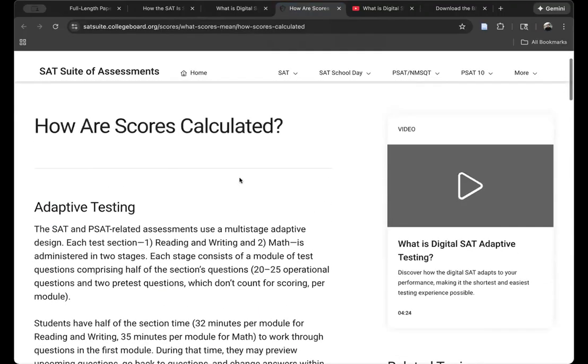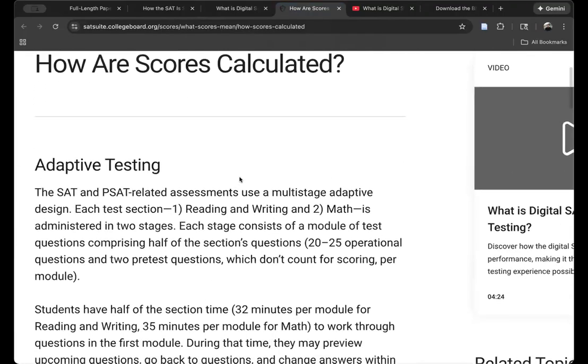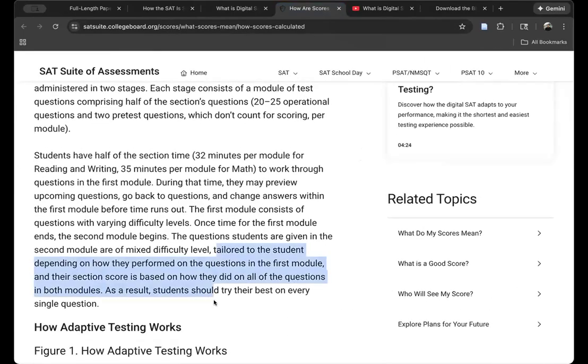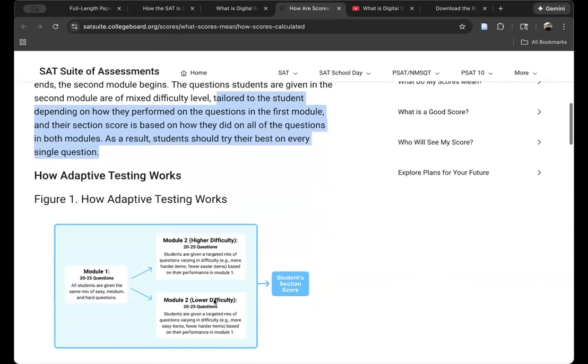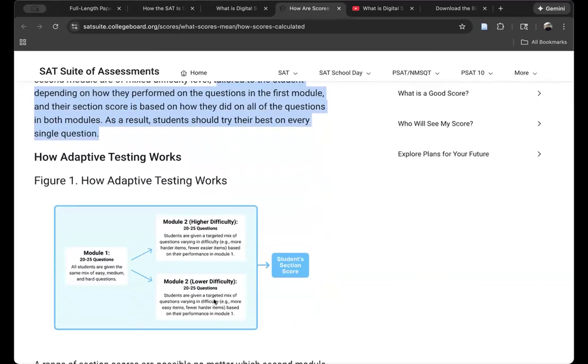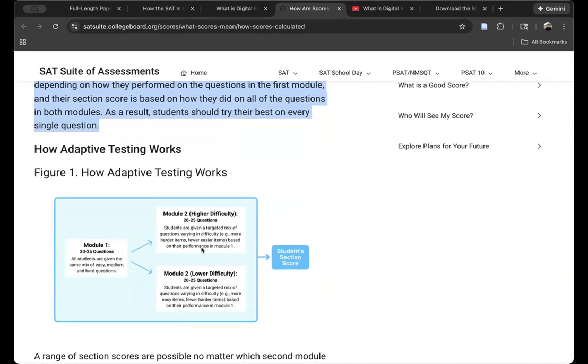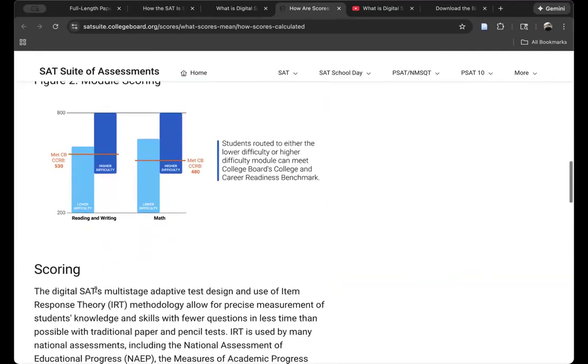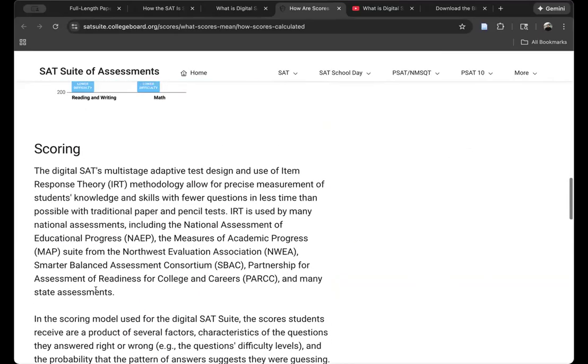Now, this is just another walkthrough of the adaptive questions. They're tailored to your difficulty levels, and will change future questions based on your performance.